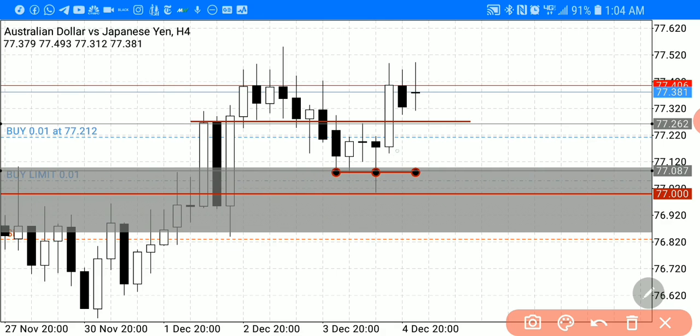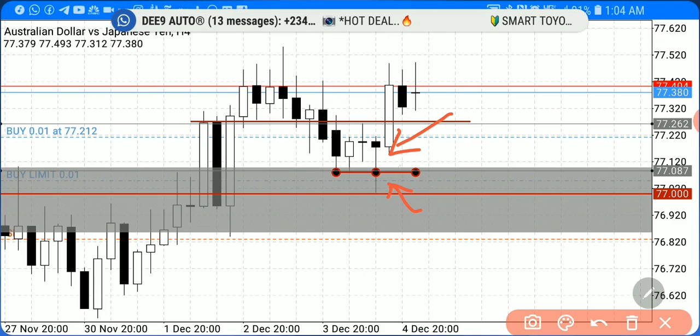Immediately I saw this pin bar form, and I took the buy. I also placed the buy limit in case it comes to retest the 77 round figure region, and I made it a little bit up because of spread reasons.